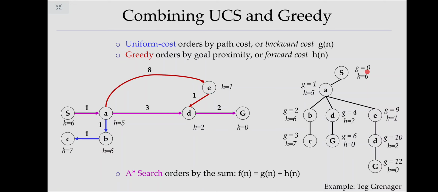We have a single option, A. The cost is 1. 1 plus 0, g is updated as 1. And the value of h is 5.